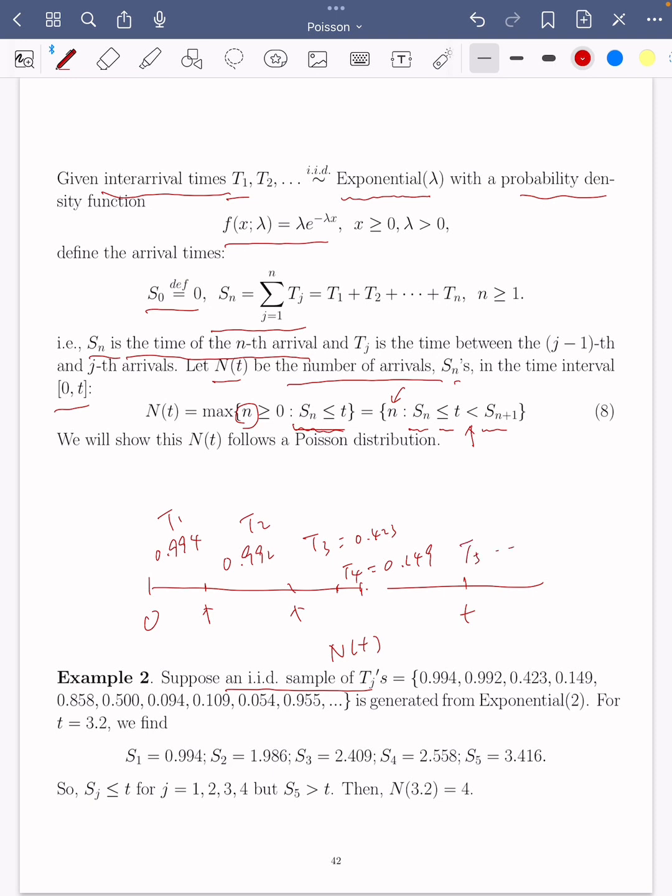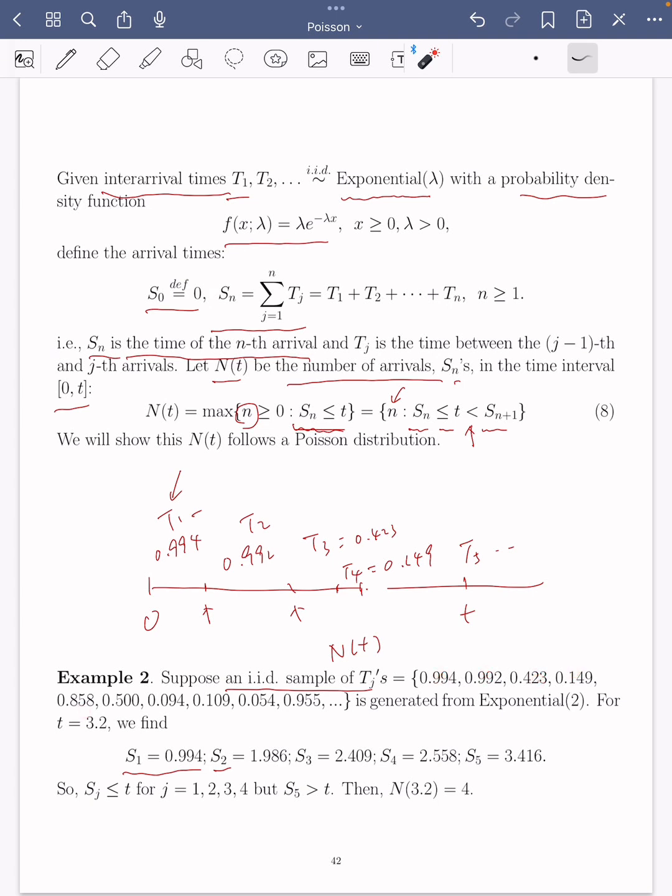Okay, and then you can see that S1 is simply equal to T1, so it reaches this value. And S2 is equal to T1 plus T2, so the sum of these two values gives you 1.986. And similarly, S3 is equal to the sum of this, this, and this. And then S4 will be the sum of these four numbers, and S5 will be equal to the sum of these 5 numbers.